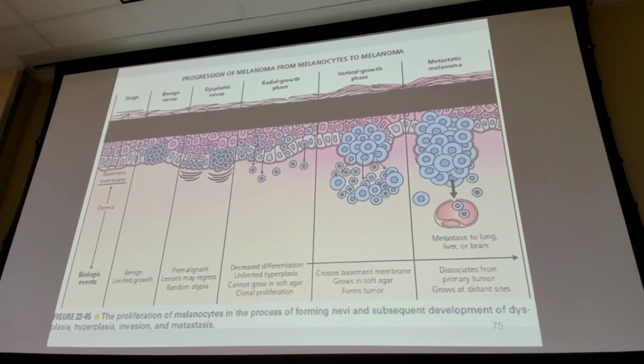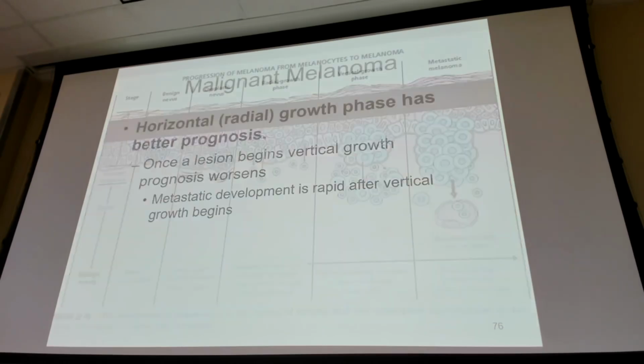Okay, so it's just breaking that down, and again, it's the depth of it. How far down the skin does this go? We know that right smack in the middle is that radial, right? Because it's got a better prognosis. If it gets into vertical, so it's getting deeper, then that is not a good prognosis.